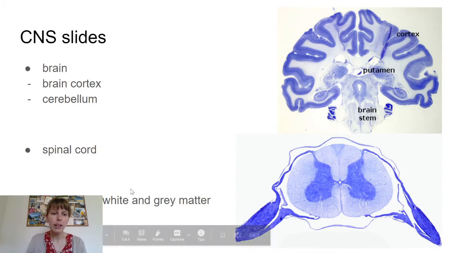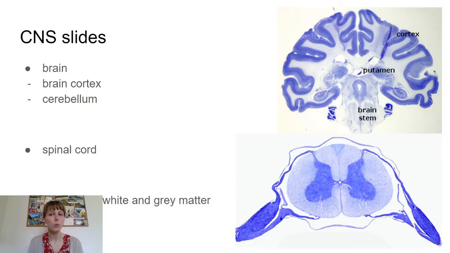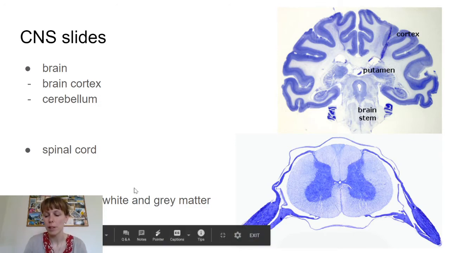Both of these will be divided into white and gray matter, and one of the things we want to be able to do after today's practice is to distinguish between white and gray matter in the nervous system, and to find the large types of neurons, for example, the Golgi type 1.